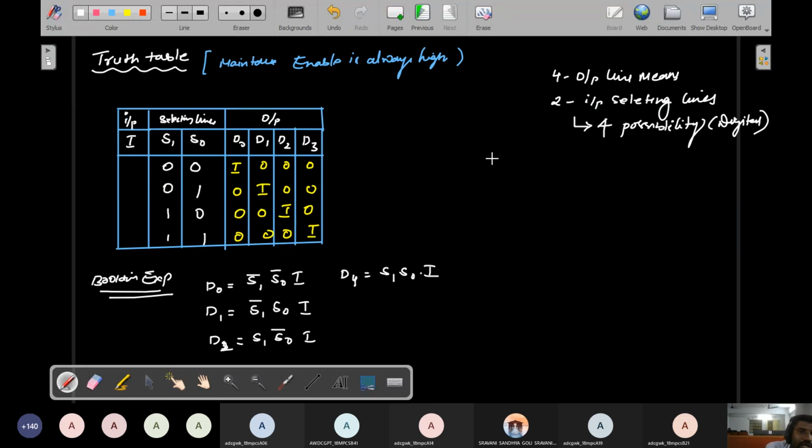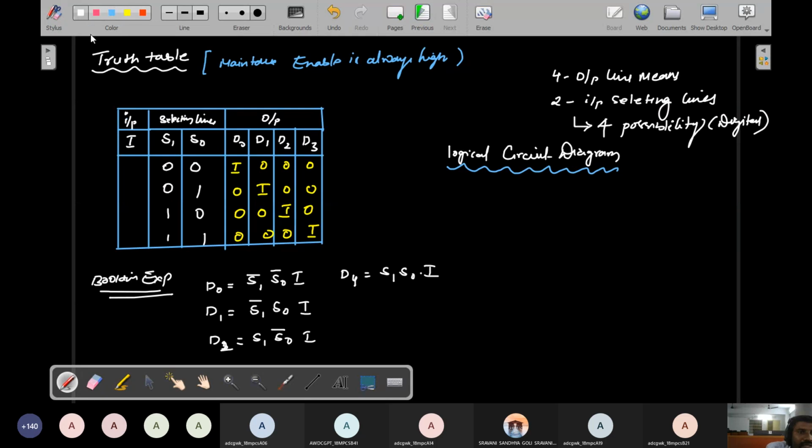Okay, now I draw the logical circuit diagram.